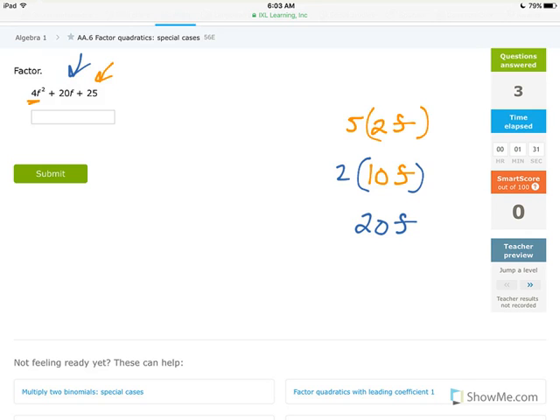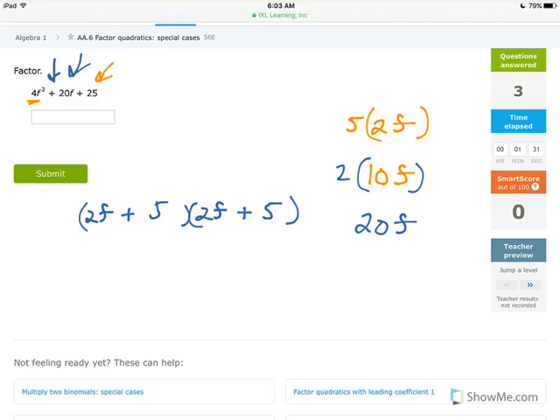So this is going to be that special squared binomial pattern. It's going to be plus, since we have a plus sign. And then put in your square roots. So it's going to be a 2f and a 2f to make the 4f squared. And then we needed a 5 and a 5 to make the 25.